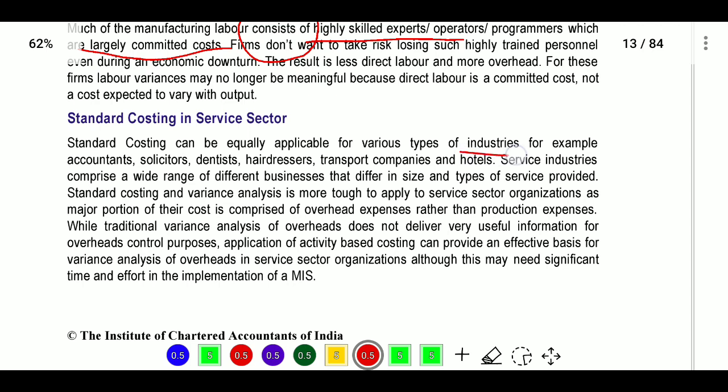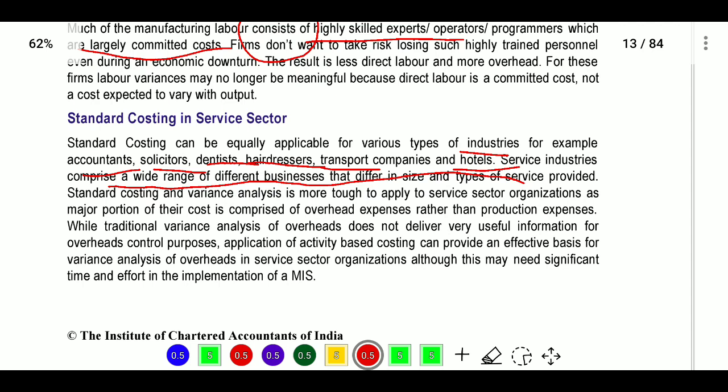Service sectors include industries like accountants, solicitors, dentists, hairdressers, transport companies and hotels. Service industries comprise a wide range of different businesses, of different sizes and providing different types of services.